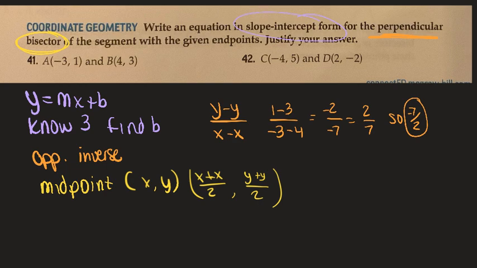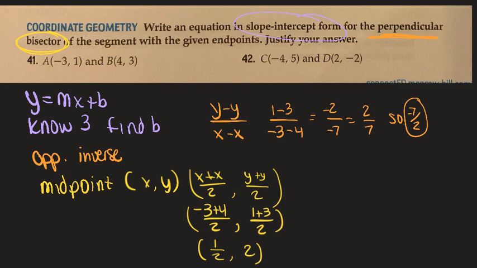It was like a little mini average, and y plus y divided by 2. Or you can draw a picture, count side to side, up and down, and go halfway. All right, you should have gotten 1/2, 2.